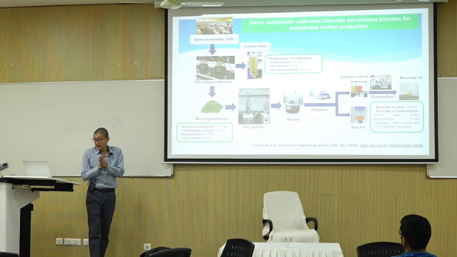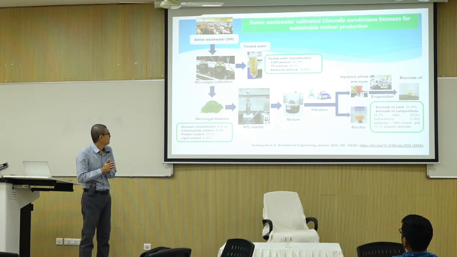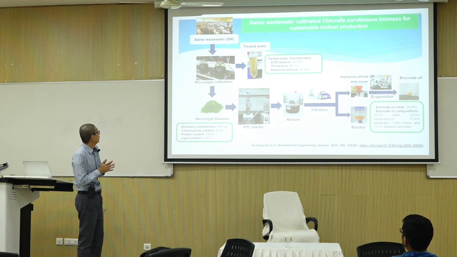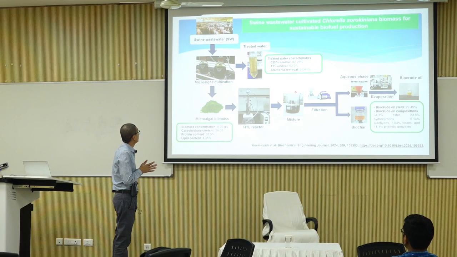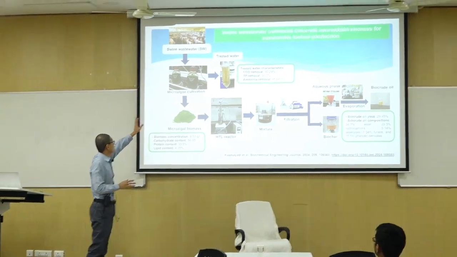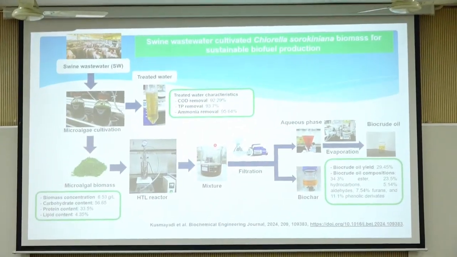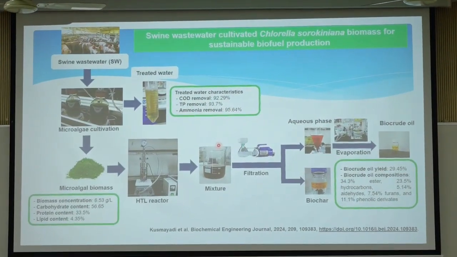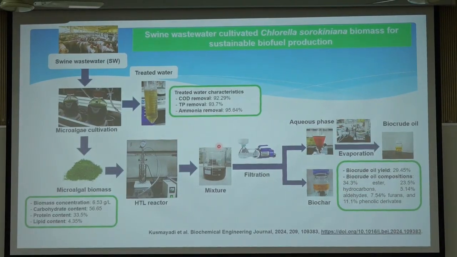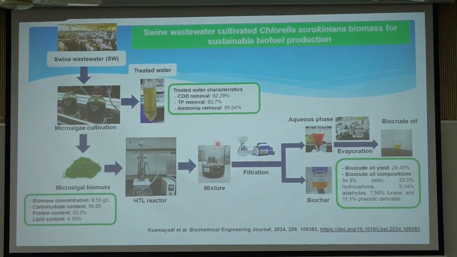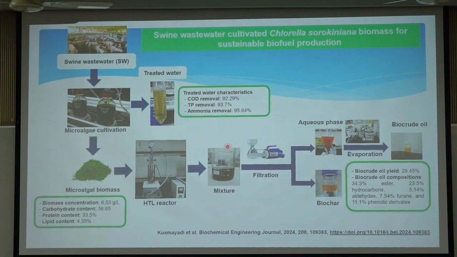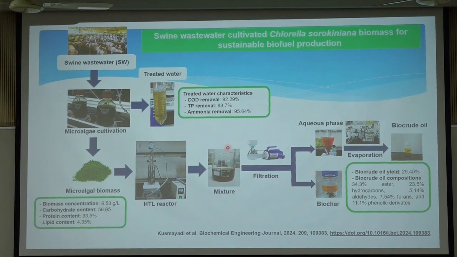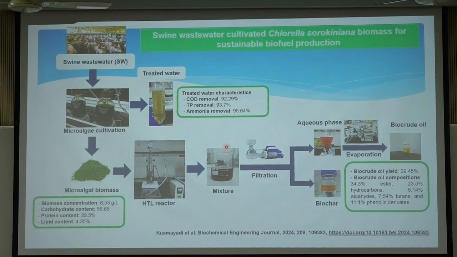This one is another study. We have the stream wastewater. We use that stream wastewater to cultivate the microalgae. Because just now, back to your question, whether the algae can be grown in seawater or not. If every time we need to use fresh water, it also consumes a lot of water resources.